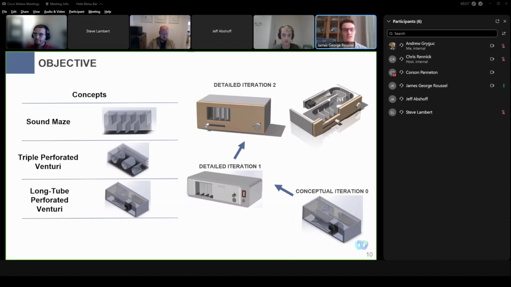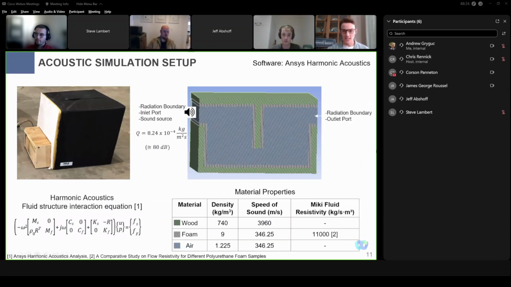Starting there, we did some simulation work for both flow and acoustics. Just doing some foreshadowing here, we ended up picking the long tube perforated venturi concept. Starting with that, we did some more detailed refinements to make sure we had the best trade-off between both flow and acoustics.